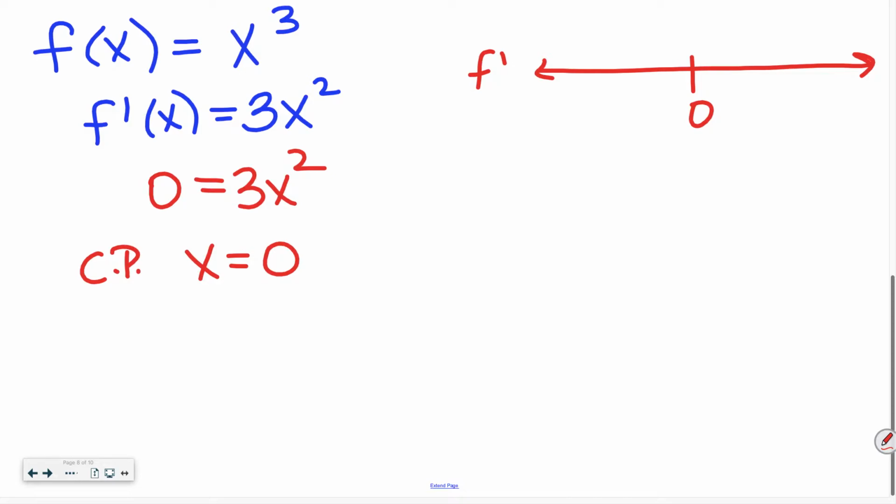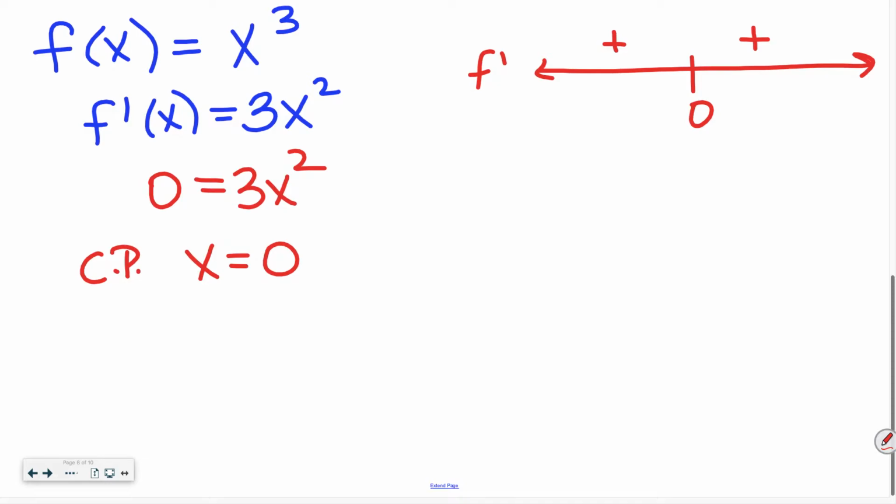CP, critical point. All right. If I plug in 1 to our derivative, what kind of value do we have? If I plug in -1 to our derivative, what kind of value do we have? Positive. Okay, the cubic function, kind of like what we talked about in number 8, Grace's question, right? It increases, flattens out, increases.